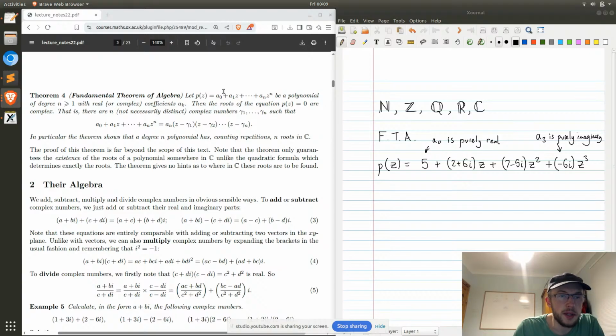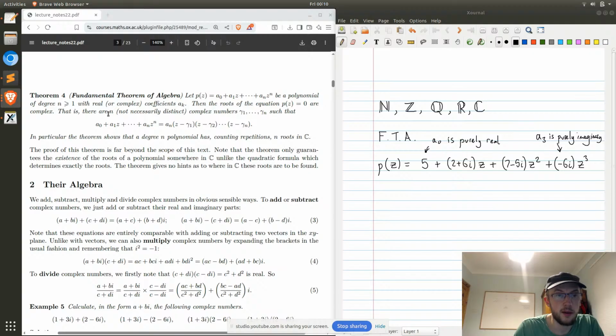Now that we understand that, let's look at the main claim of the fundamental theorem of algebra. It says, given that we have P of z, that polynomial over the complex numbers, then the roots of the equation P of z equals 0 are themselves complex.